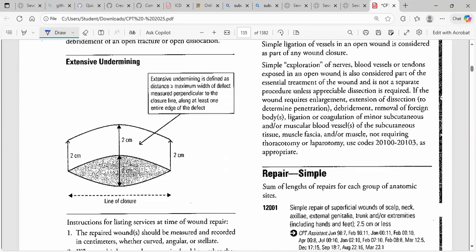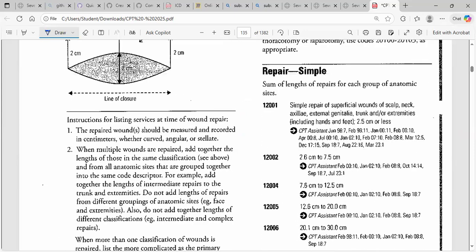So all our codes for repair are based on the anatomical location as well as size, and we are going to add the size. Let's say the patient had a simple repair on the scalp as well as the neck. On the scalp there is 3 centimeters and on the neck 2 centimeters. So in total we are going to bill 5 centimeters.